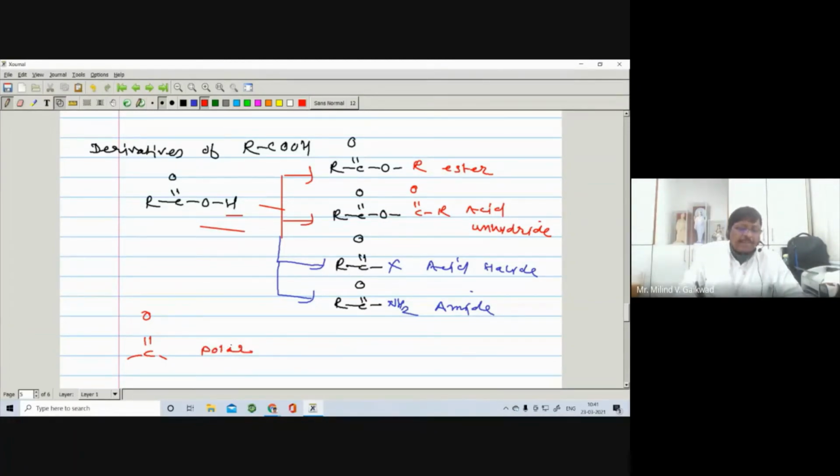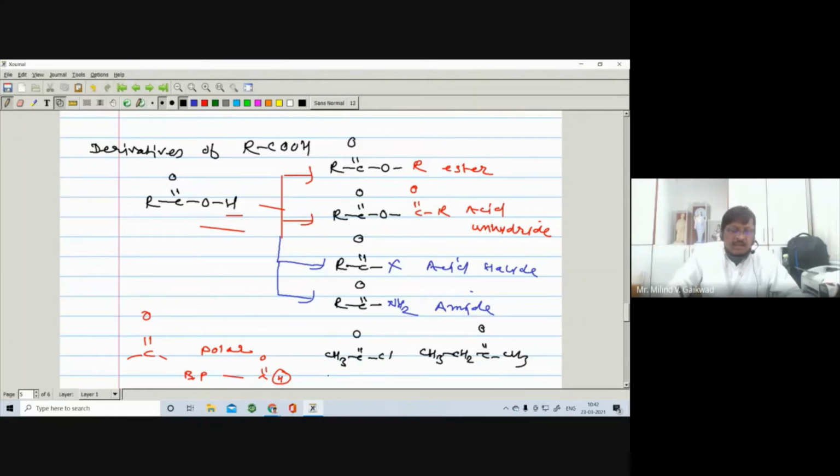Acid halides, anhydrides, and esters have about the same boiling point as aldehydes and ketones having similar molecular weight. For example, take CH3, C double bond O, Cl, and the corresponding ketone CH3, CH2, C double bond O, CH3.